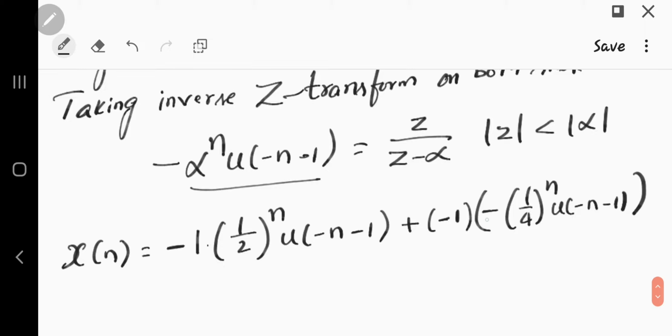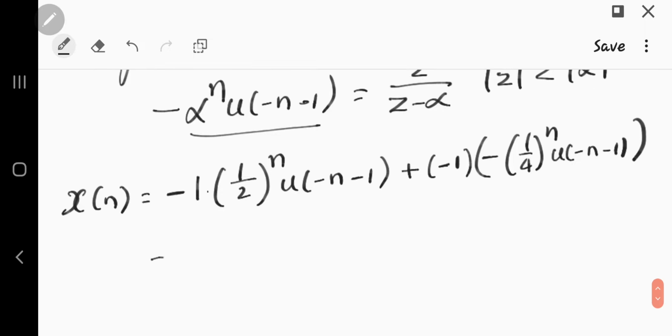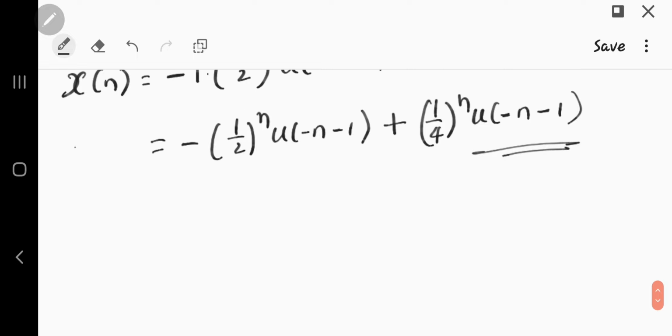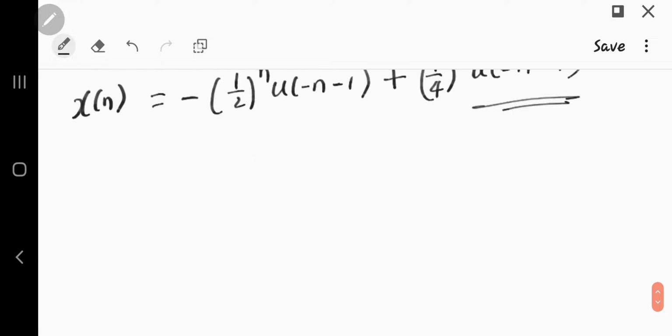Now minus and minus will get cancelled. So remember, with minus 1 by 2 to the power of n, u of minus n minus 1, minus into minus becomes plus 1 by 4 to the power of n, u of minus n minus 1. So this is the inverse Z transform for x of z, where the ROC is less than 1 by 4.